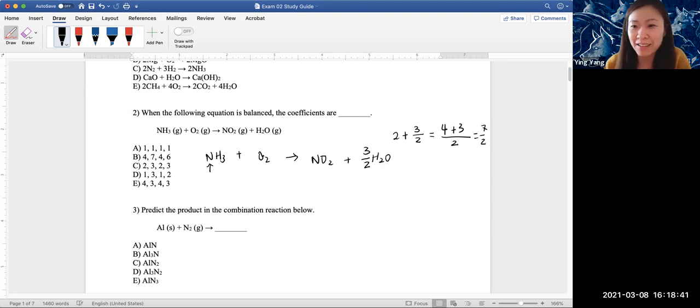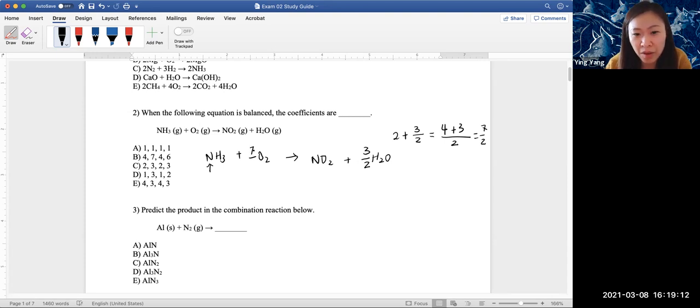Now, in order to balance this, it's easier to change the coefficient for oxygen than changing it for this 2, right? So now, in order for this reactant oxygen to have a total number of 7/2 oxygen, here we divide 7/2 by 2 because there are 2 oxygen atoms in an oxygen molecule.